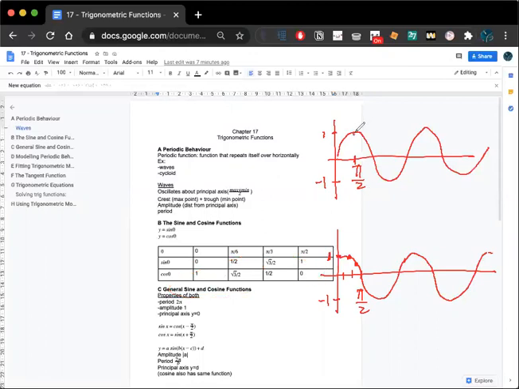So from 0, this is 1, this is, let's just say, pi over 6, and then pi over 3, something like that. This is going to be square root of 3 over 2, and then another one is going to be 1 over 2. And this is also pretty much the same in the unit circle.